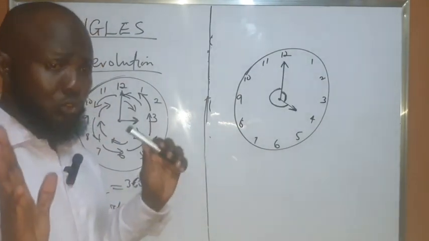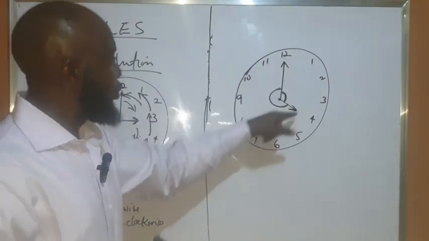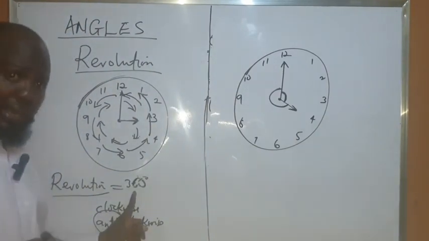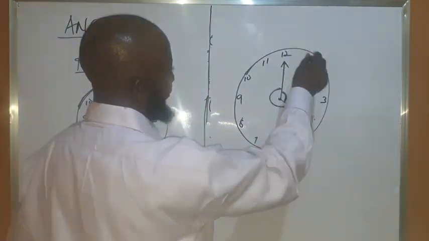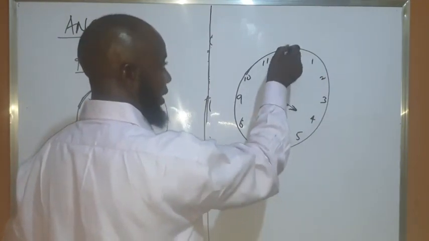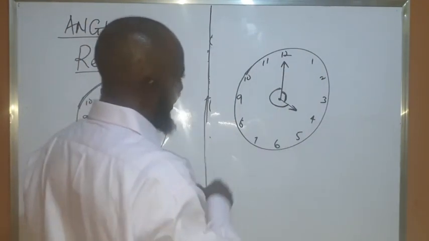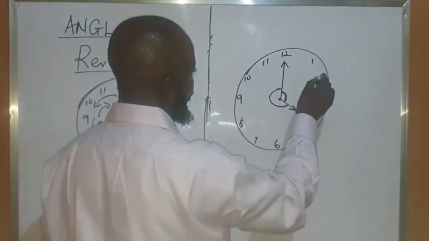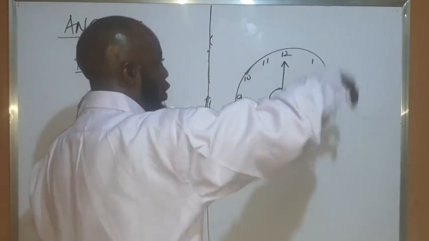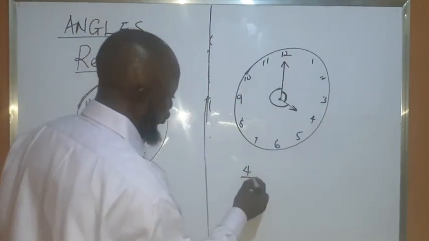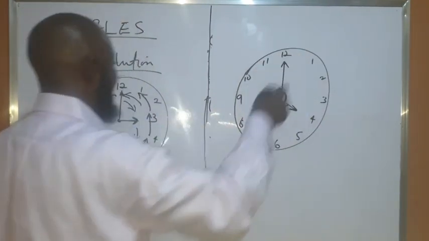The first thing you need to do is remember the revolution is 360 degrees. Now, between how many spaces? We have 12 numbers, 1, 2, 3, 4, 5, 6, 7 to 12. Then how many do we have from here to here? 1, 2, 3, 4. That is 4 out of the whole 12.